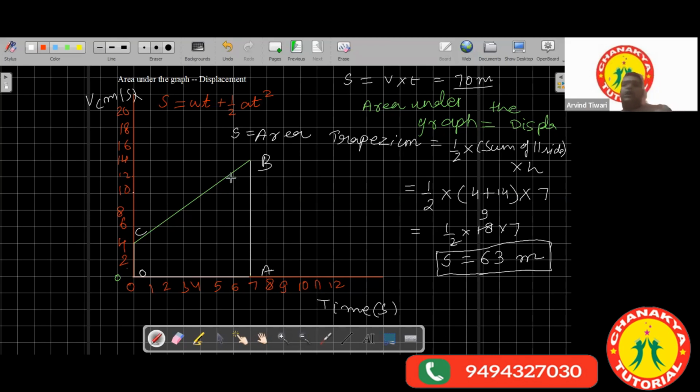You already know the initial and final velocity, and the slope of the graph will give you the acceleration.